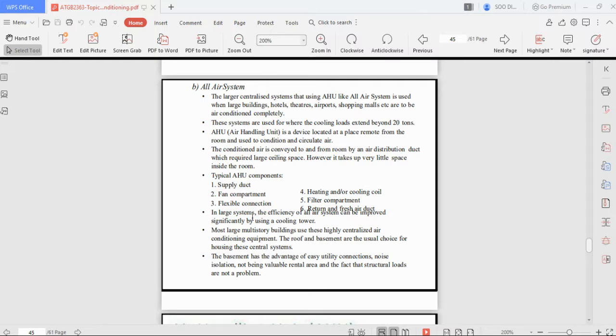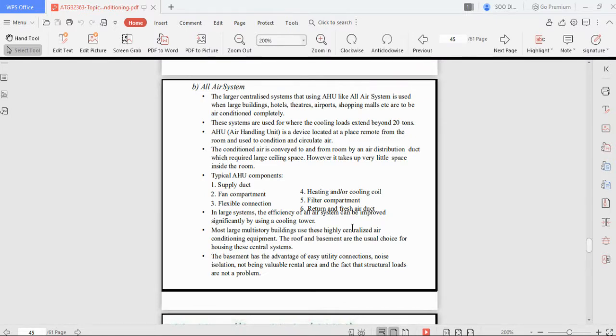So this system is improved using a cooling tower. In a large building, they will have centralized air conditioning equipment.